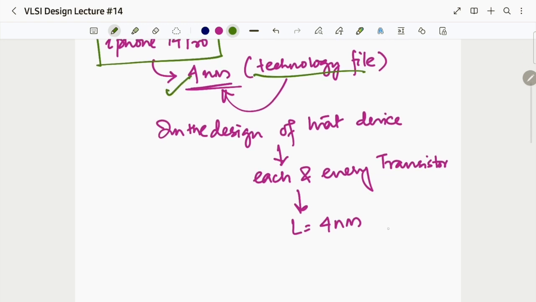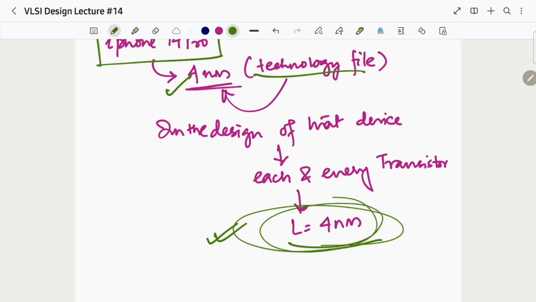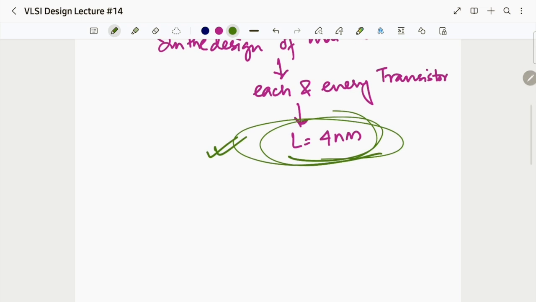So from there we have understood that in that phone, if you have iPhone 14 Pro or 14 Pro Max, all the transistors, whether it's a MOSFET or a FinFET, are using channel length as 4 nanometer.